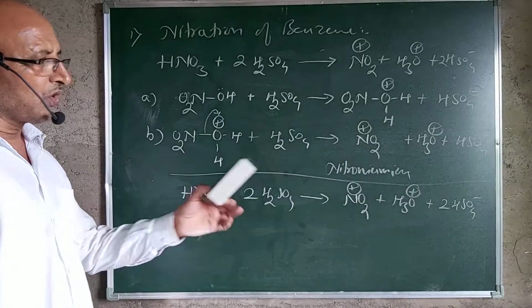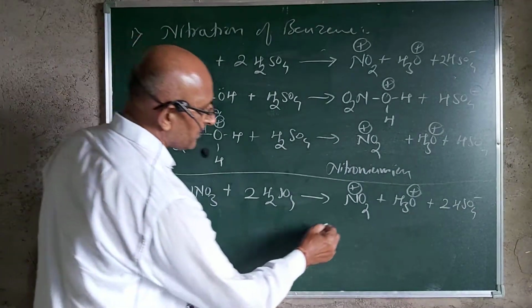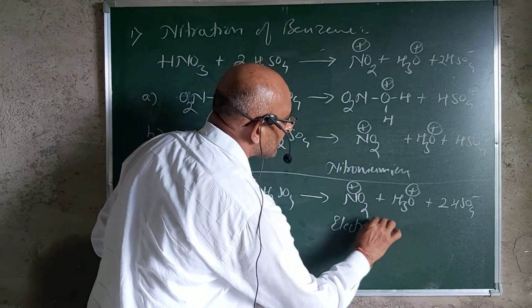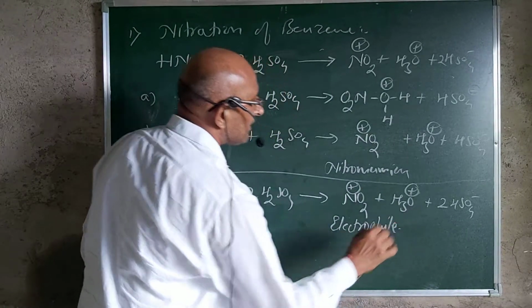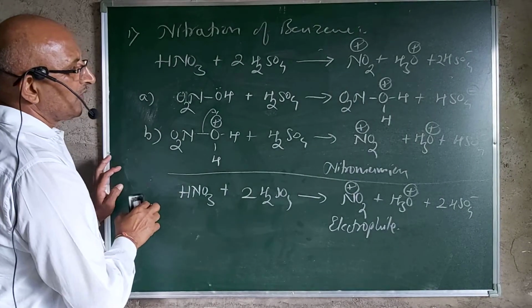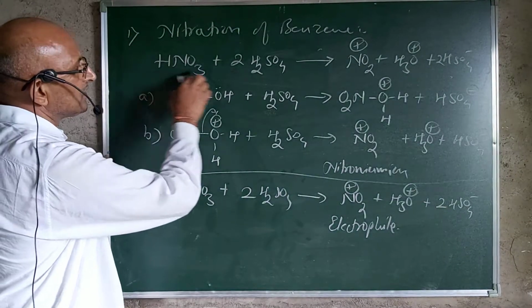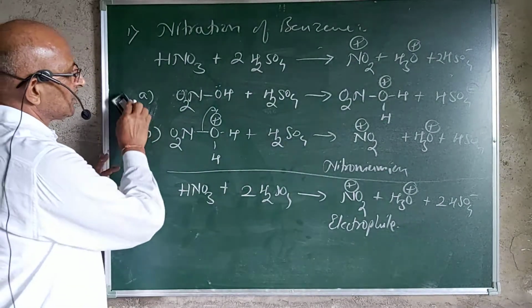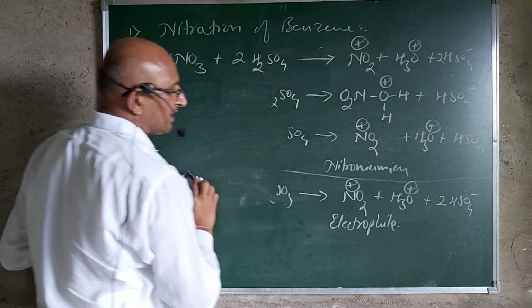This is the overall reaction. This nitronium ion acts as an electrophile in the nitration reaction. This is the general net reaction we have written, but in this way the nitronium ion formation takes place. This is the mechanism we are studying here.